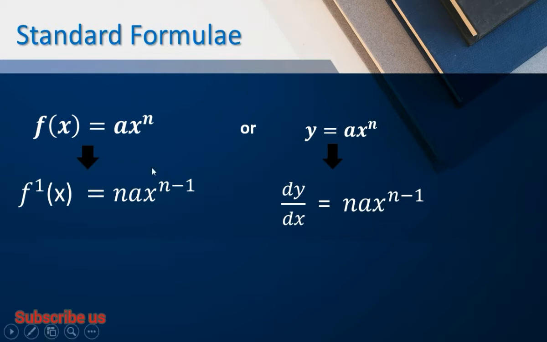Here a is a constant. Then we multiply a with n and x to the power n minus 1. As well, y equals a x to the power n, then we get dy by dx equals n a x to the power n minus 1.